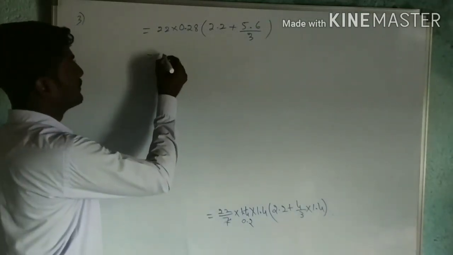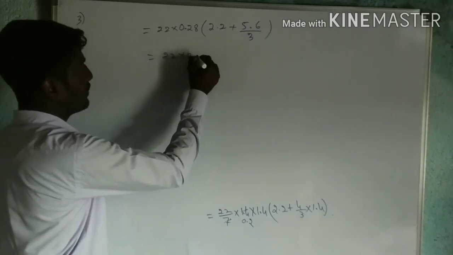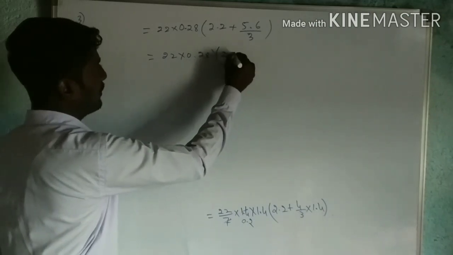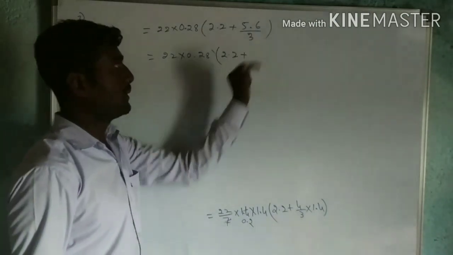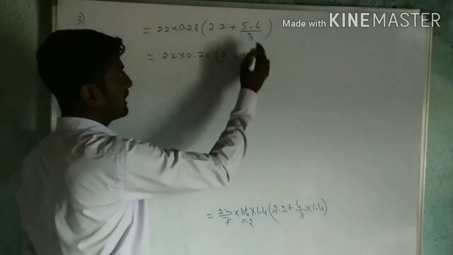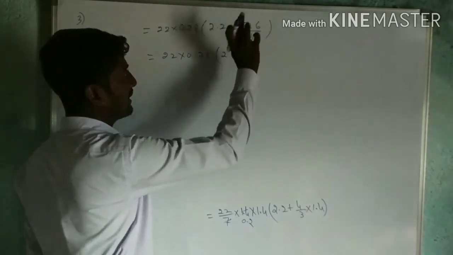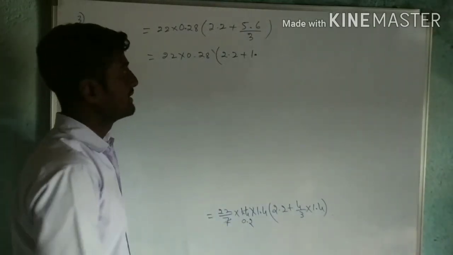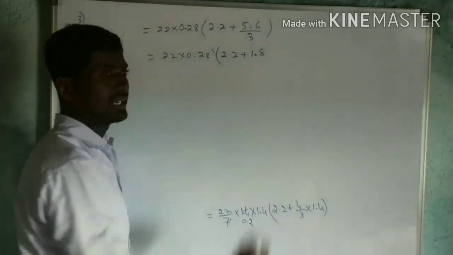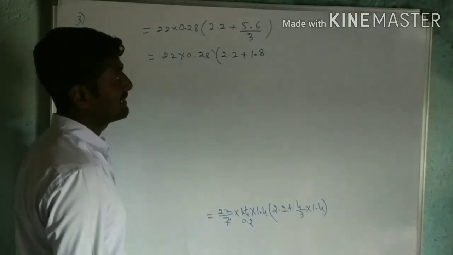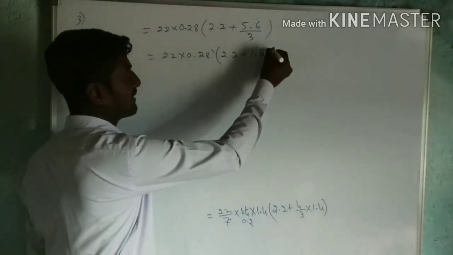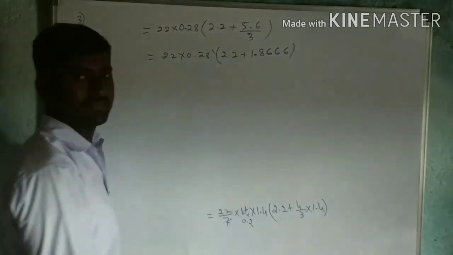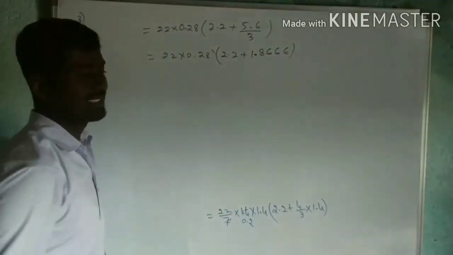Now this equals 22 into 0.28 into 2.2 plus 5.6 divided by 3. Divided by 3, 3 ones are 3, remaining 2, 26. 3 eights are 24, again remaining 2, 3 sixes are 18, again 2. 1.8666. After 4 decimal places I will write.